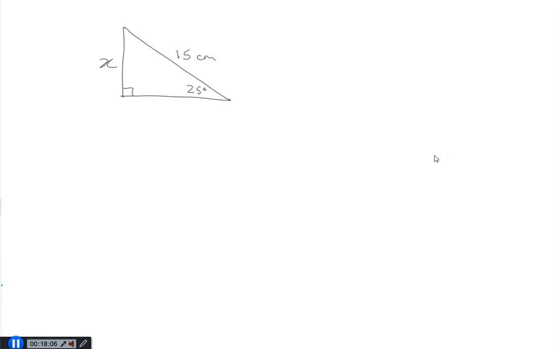I've deliberately chosen that angle because we've just been talking about it. It is 25. It's an x, and that's a 15. We all good? Cool.